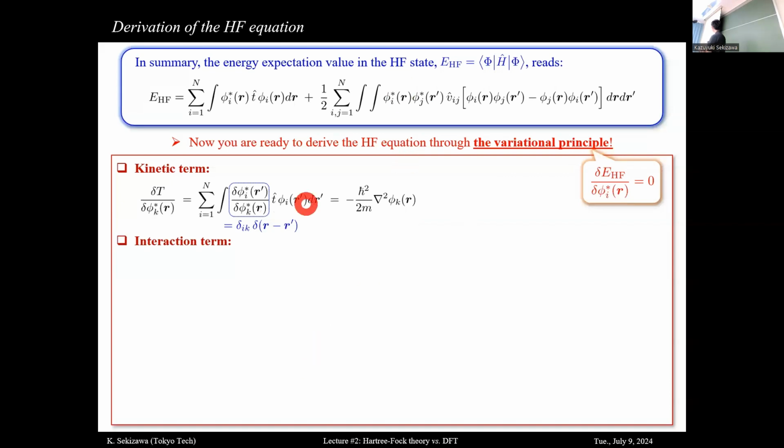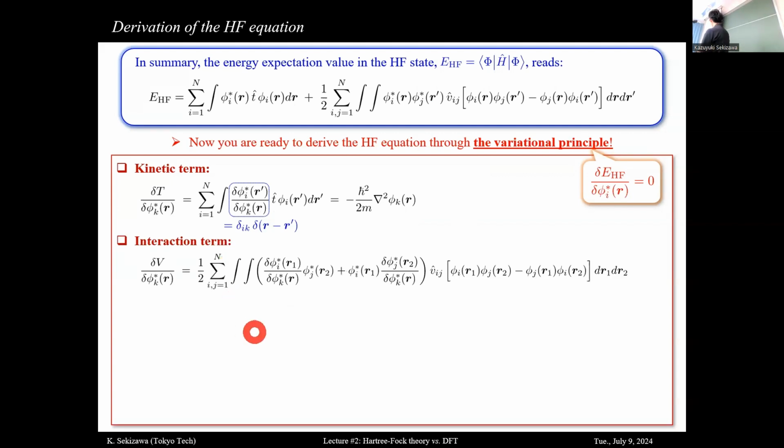Okay. And you can do the same for the interaction term. Phi star is only in this bra state, and you can take the derivative for the first and second phi star here and here.